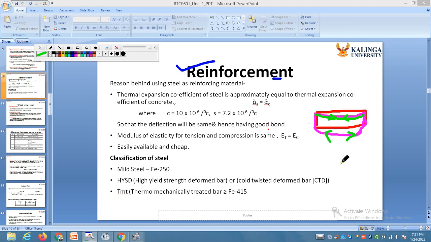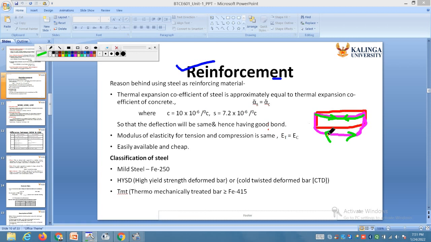For example, take a plastic scale and apply force with your hands at both ends and try to bend that plastic scale in downward direction. You will get this type of deflected shape. The bottom face is subjected to tensile stresses and the top surface to compressive stresses.